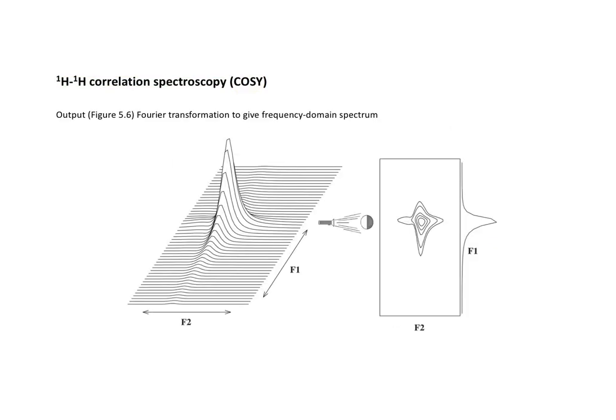This spectrum shows two axes by frequency, F1 and F2, as well as intensity of the signal, which could be integrated.